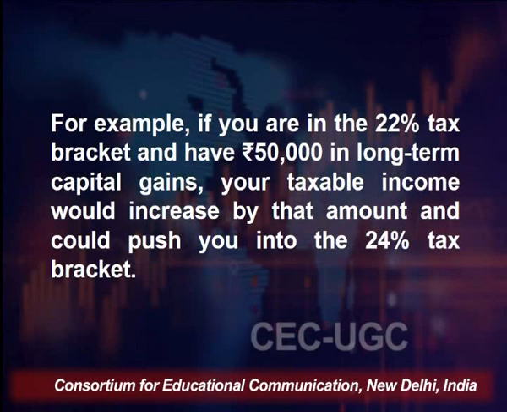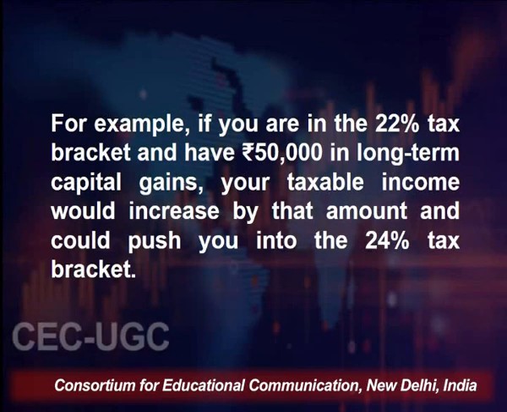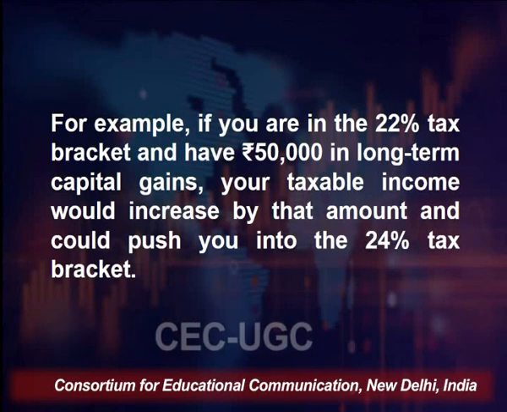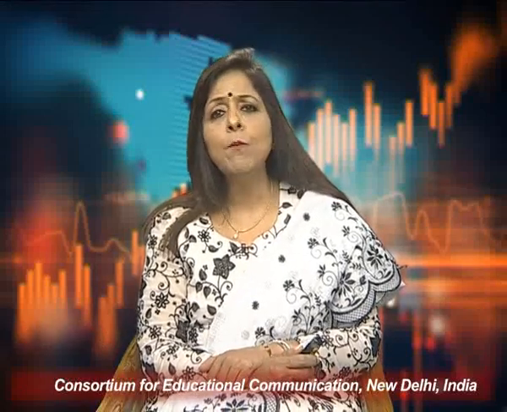For example, if you are in a 22% tax bracket and you have 50,000 rupees in long-term capital gains, your taxable income would increase by that amount and could push you into a 24% tax bracket. So what does this mean? This means that some portion of your capital gains would be taxed at a higher rate, which would increase your overall tax liability.